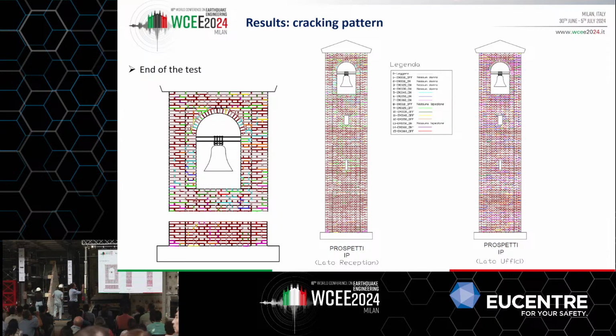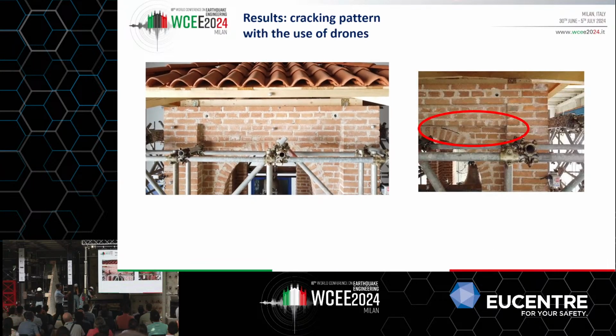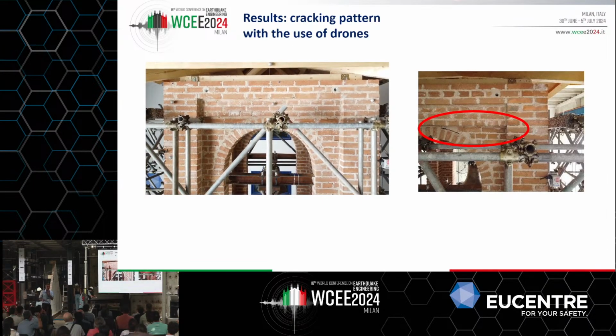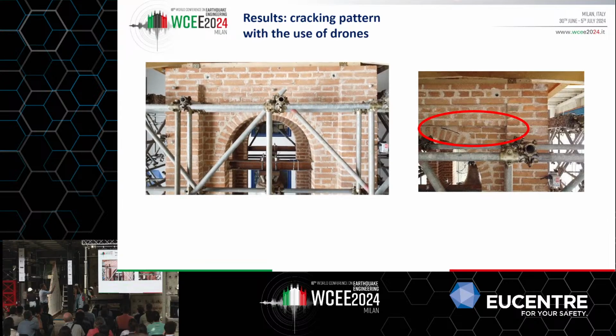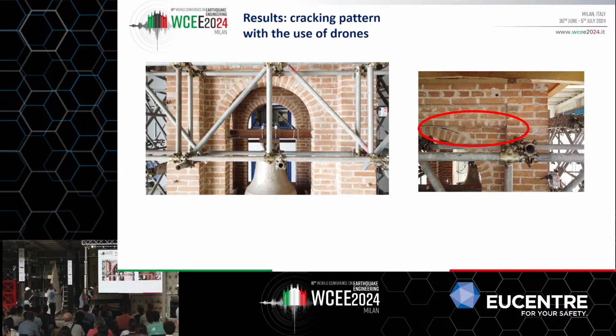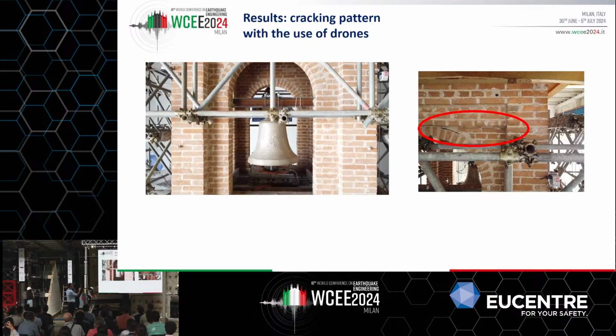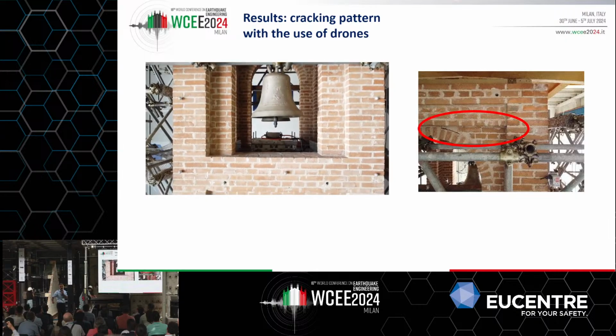Here, just some damage pattern, which is, of course, concentrated at the base of the tower and at the base of the belfry. And an interesting thing is that we made use of drones to detect the damage also in the upper part of the tower.